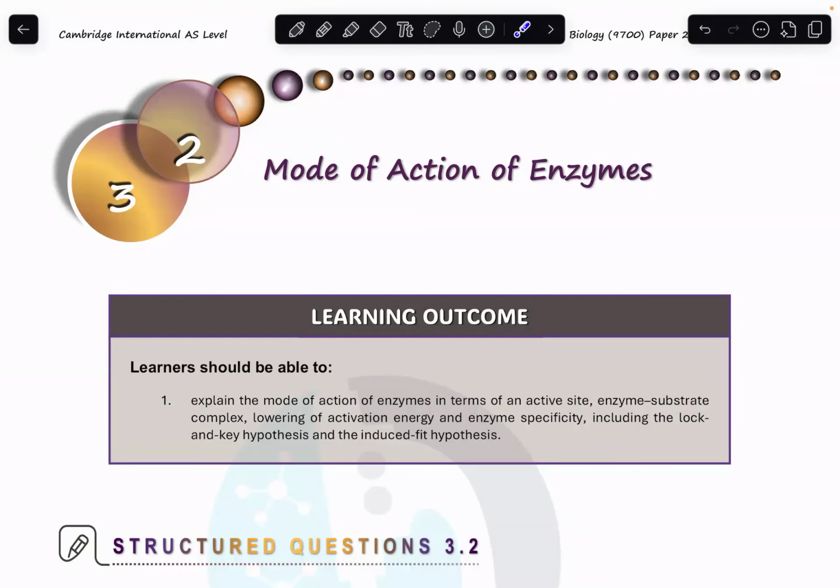Hi everyone. Let's look at part two now from chapter three, mode of action of enzymes.